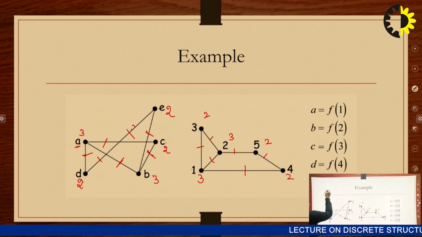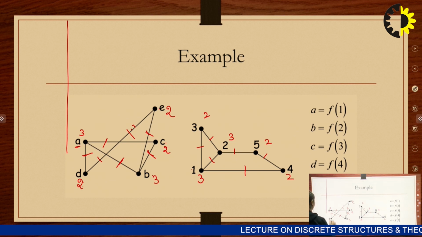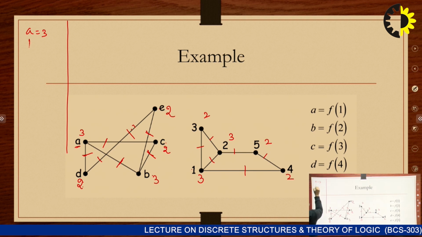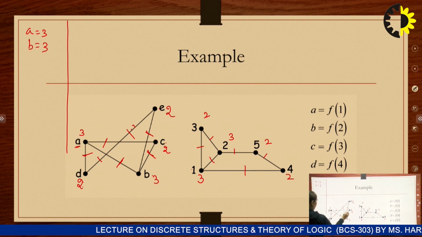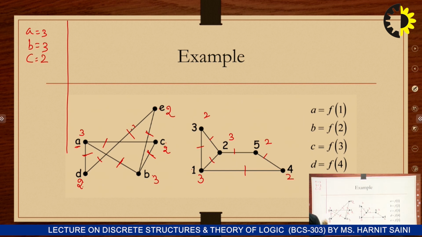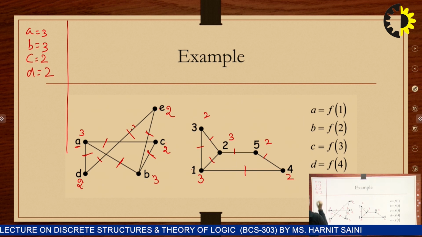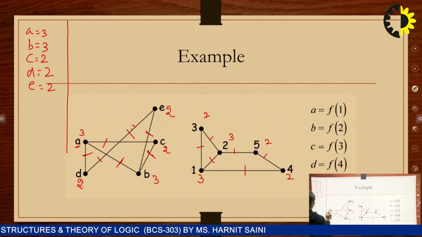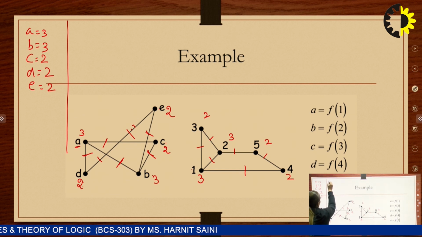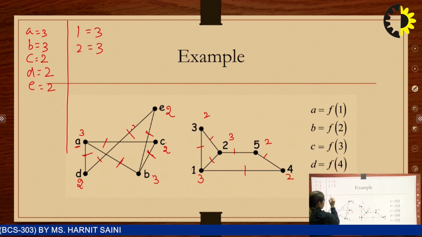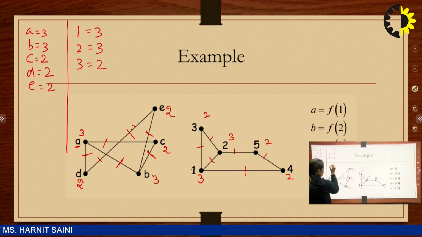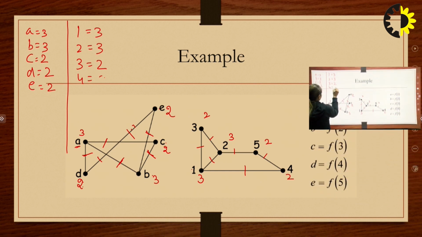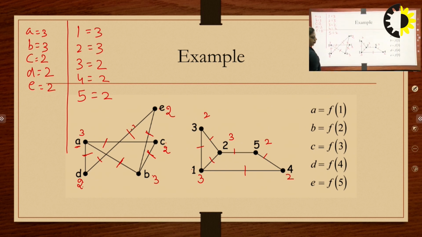Right? Now let's see how we will map. In this graph, A is equal to 3, B is equal to 3, C is equal to 2, D is equal to 2, E is equal to 2, and here 1 is equal to 3, 2 is equal to 3, 3 is equal to 2, 4 is equal to 2, 5 is equal to 2, right?